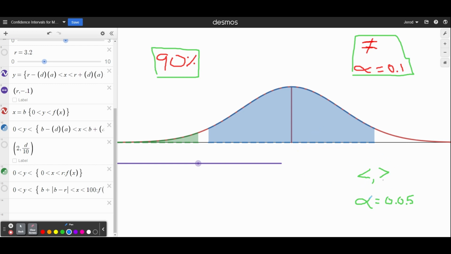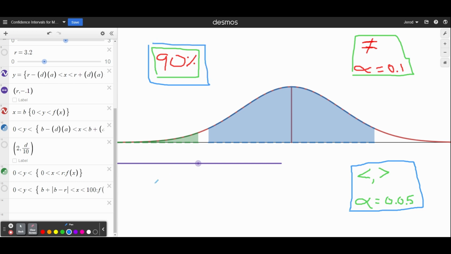For a one-tailed test, we're looking at half of that. So 100 minus 90 would be 10%. Half of that's 5. So for a one-tailed test, the 5% alpha would correspond with the 90% confidence interval.